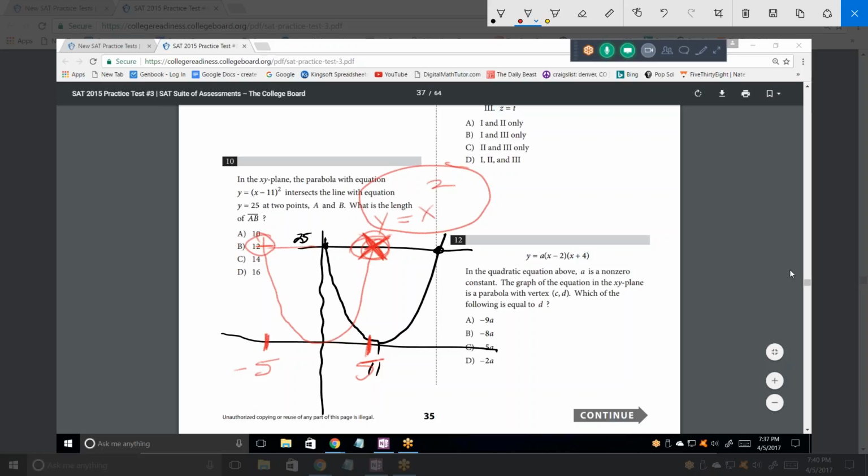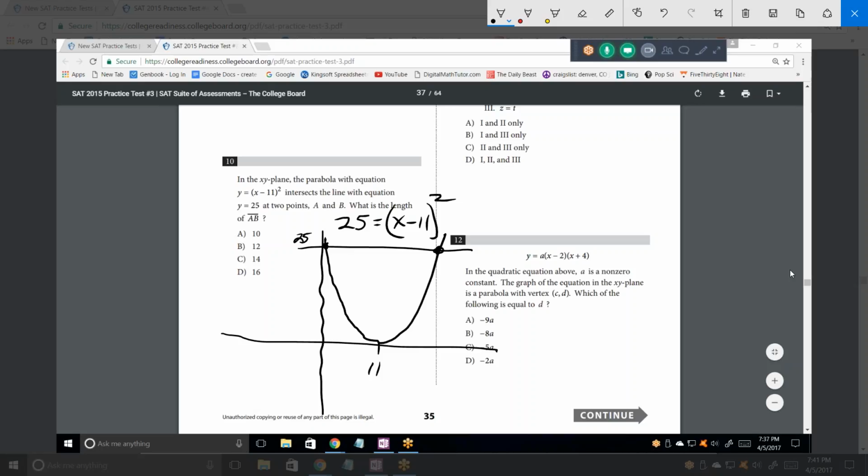Now, did I really gain anything by doing that little trick? I'm surprised I saw it, to be honest with you. Could I have just as easily solved it by dealing with the equation they gave us? I think I could. Let me give it a shot. So y is 25, and it's equal to x minus 11 squared. Well, that's easy enough to solve for the x value.